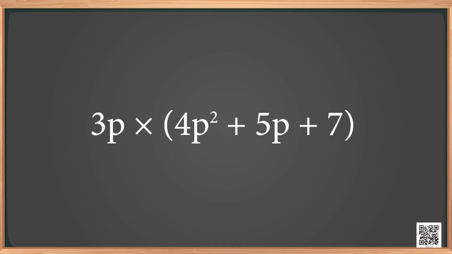Case 5. We now learn how to multiply a monomial by a trinomial. Let us consider this example. 3p times 4p square plus 5p plus 7.